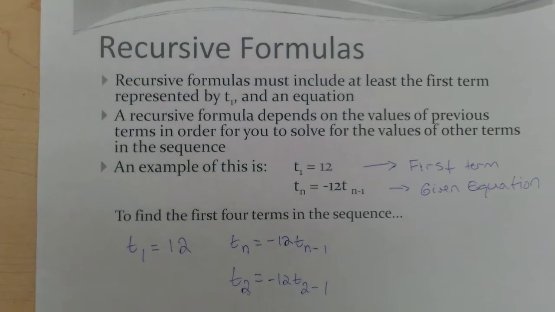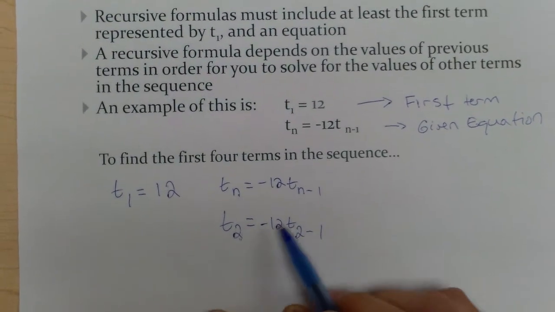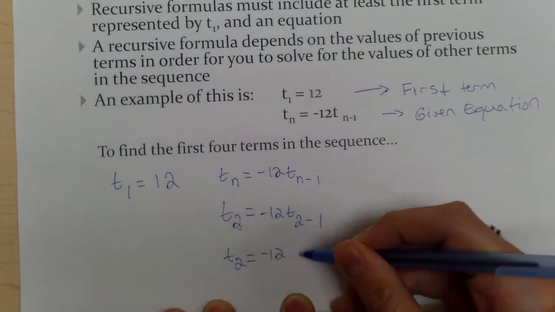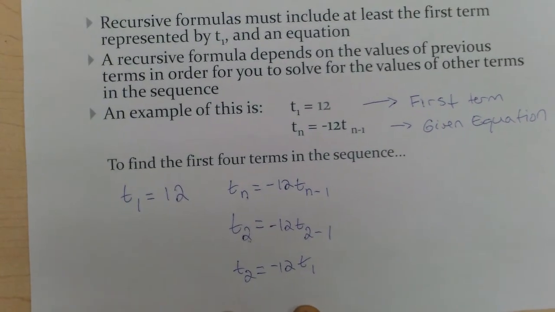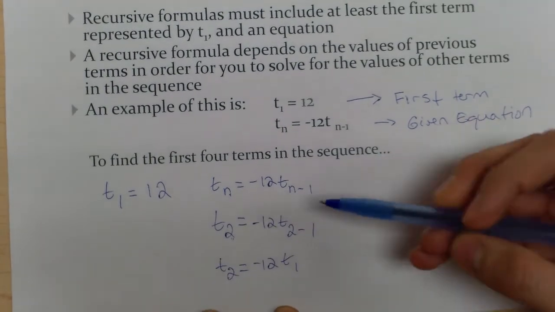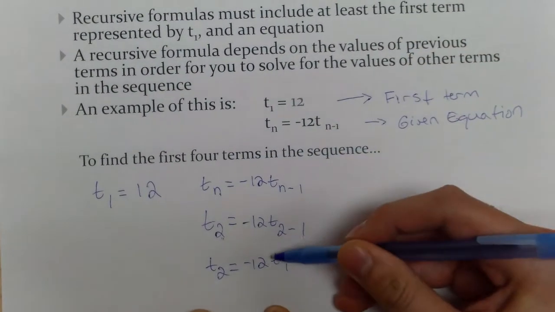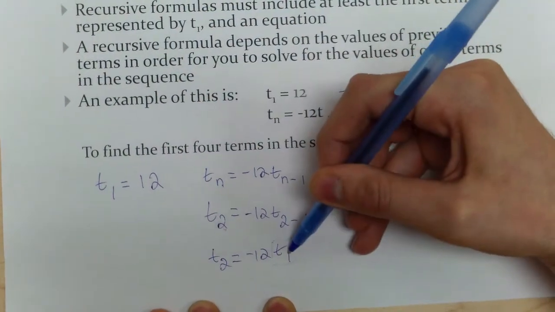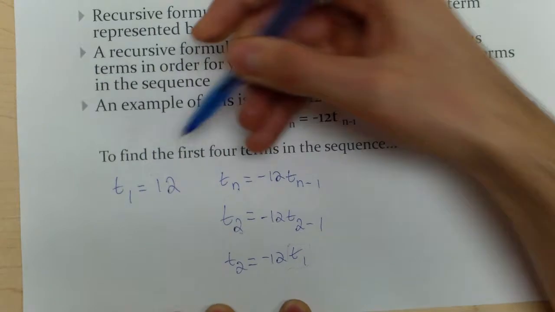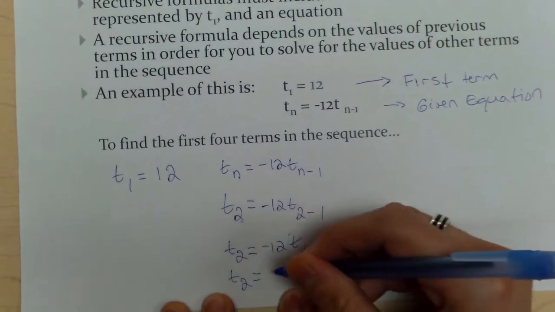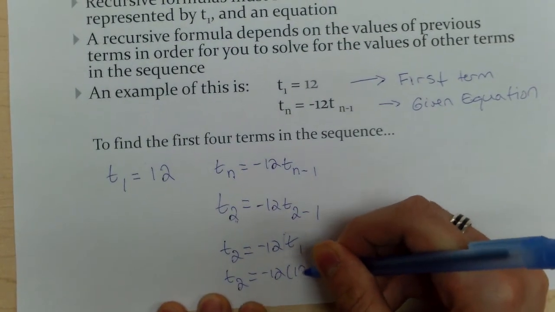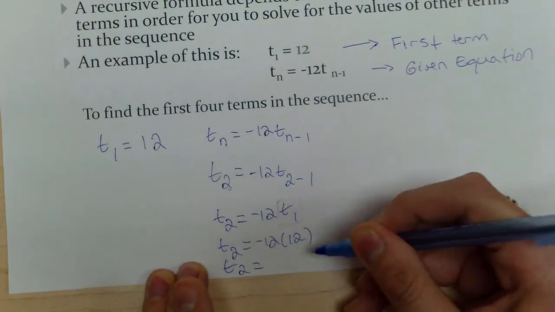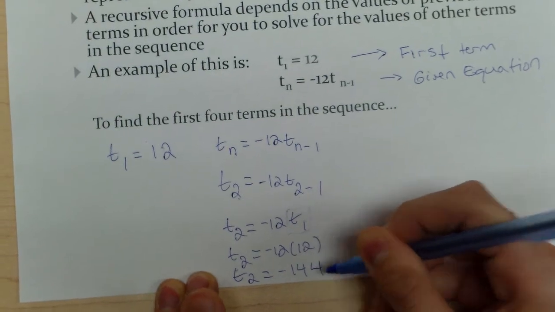And now the recursion happens because now, to solve this out, 2 minus 1, when I substitute to solve for my second term, I'm going to be using this general equation and now the previous term in the sequence. t1, well, what does t1 equal? 12. So simple substitution. Negative 12 times 12. Thus, my second term equals negative 144.